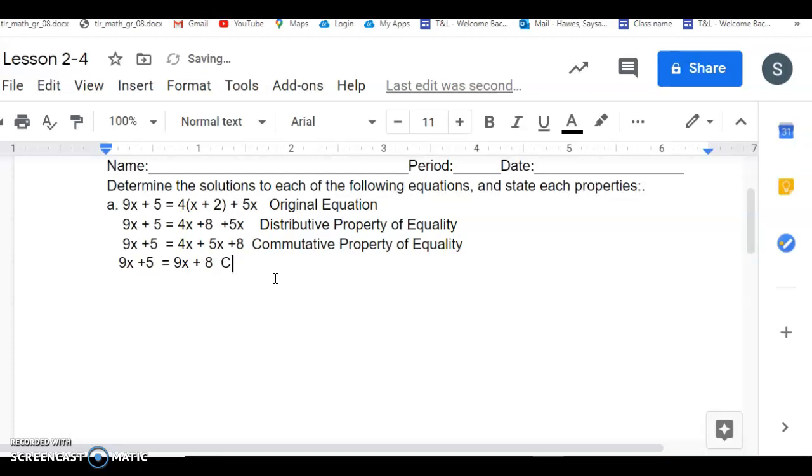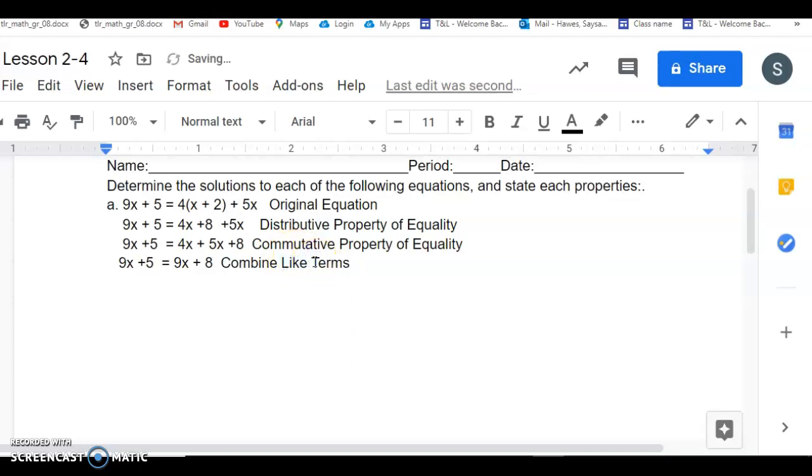I just combine like terms. I combine the 4x and 5x, I put them together, so combine like terms.